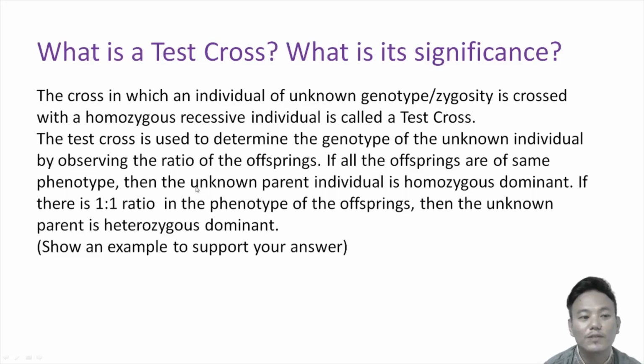If all the offspring are of the same phenotype, then the unknown parent is homozygous dominant. If there is a 1:1 ratio in the phenotype of the offspring, then the unknown parent is heterozygous dominant. You can give an example, like I gave the tall and the dwarf pea plant. You can make a cross and figure out the zygosity or the genotype of the tall pea plant. So I hope it is clear up till here what a test cross is and what it is used for.